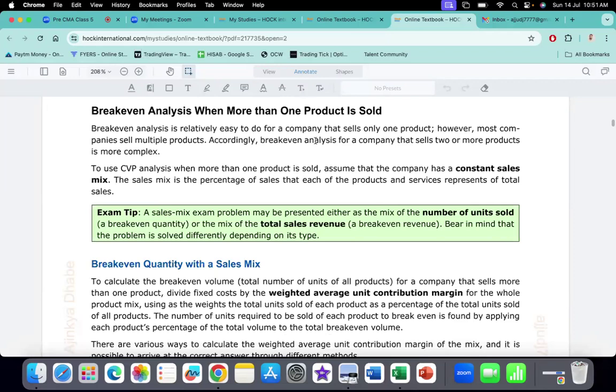Break even analysis of a company that sells two or more products is a more complex category, because you have multiple products and then there would be multiple sales. To use CVP analysis when more than one product is sold, we have to assume one thing: the sales mix is constant. So what do you mean by sales mix?